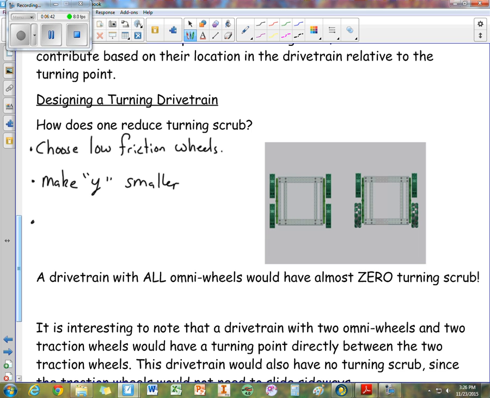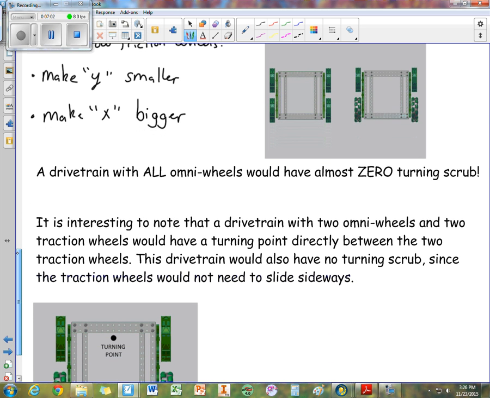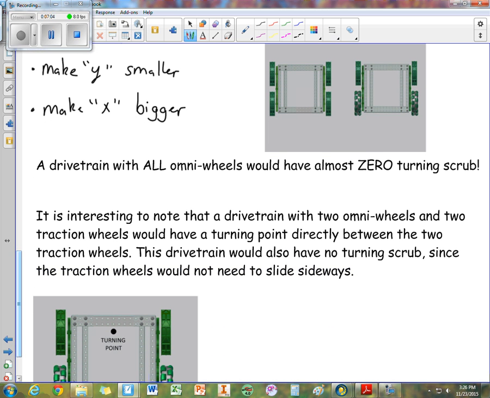Or, if that's not an option, make the x bigger. If we make the x bigger, we have more torque devoted to turning, which can overcome our scrub. A last option is to use omnidirectional wheels. Omnidirectional wheels have zero turning scrub because they have those special wheels inside that are dedicated to moving sideways.